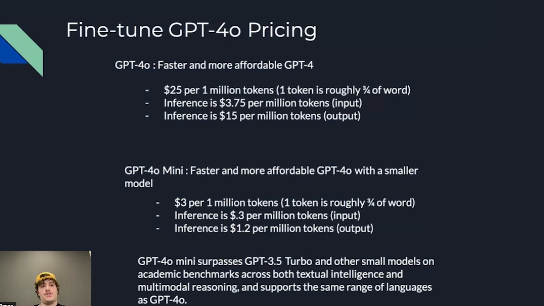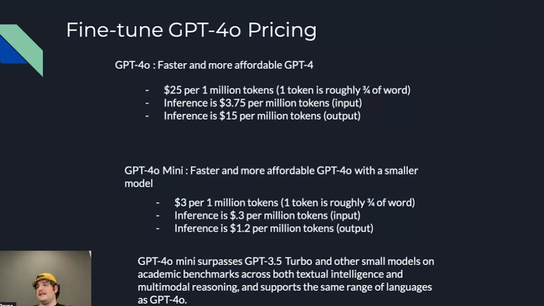And I mentioned there because you might say, well, it's smaller, it's more affordable, it's going to be worse. GPT-4o mini surpasses 3.5 turbo, which is a lot of what people were using in more of these cost-centered environments. If you have a use case that just runs a lot of data or generates a lot of tokens or anything like that, a lot of people are using 3.5 turbo.